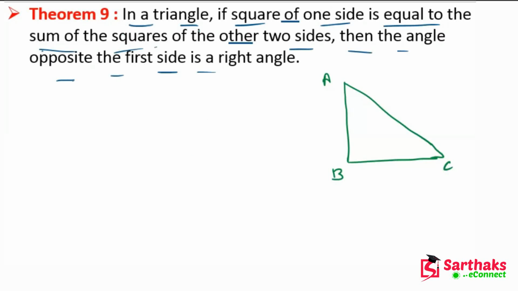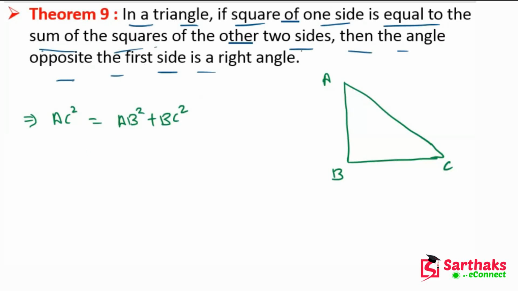So now in a triangle, if the square of one side, let's suppose we are taking AC, which is AC square, is equal to the sum of the squares of the other two sides, AB square plus BC square.